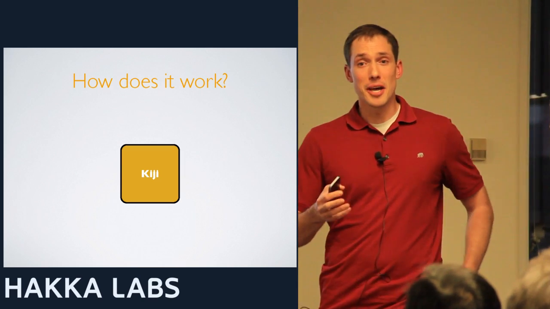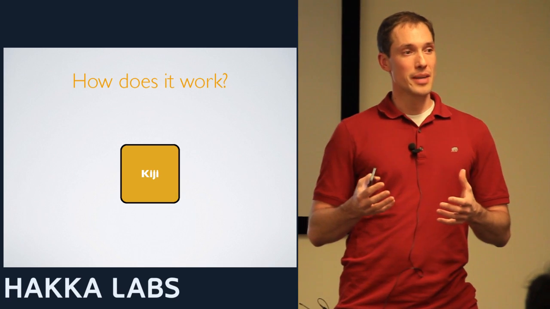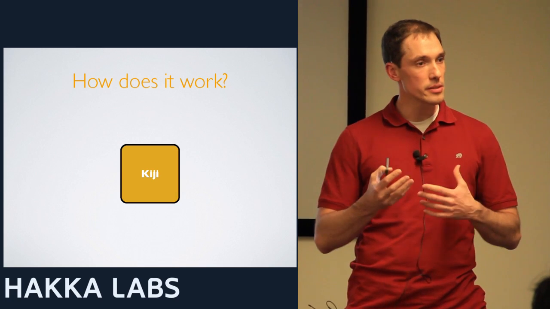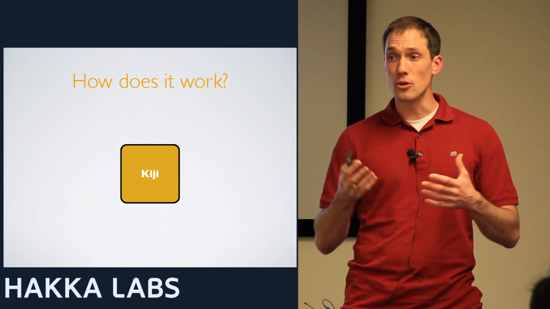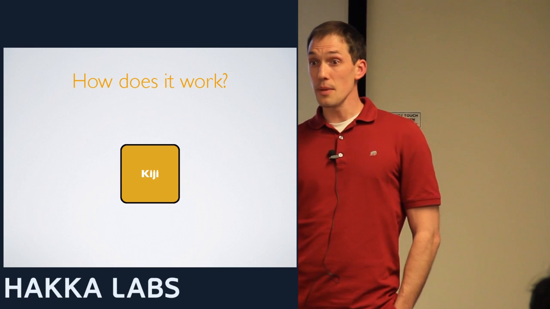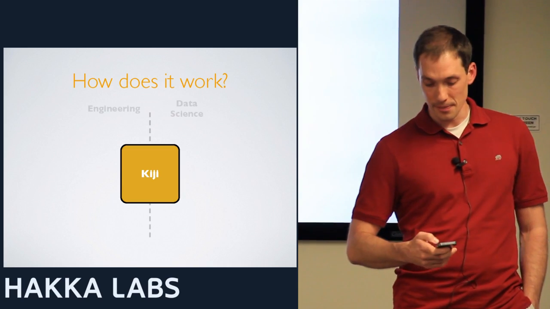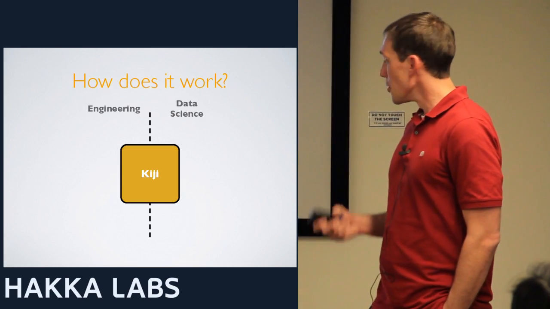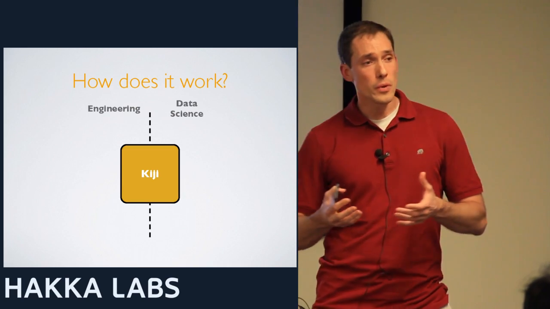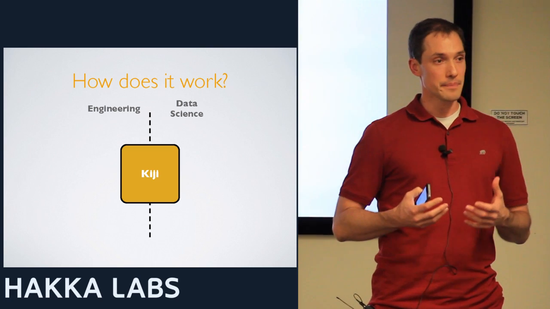So now I'll discuss a little bit about how Kiji works and how the different components of this modular open source platform can enable us to more easily build these kinds of applications on top of Cassandra. At the heart of Kiji, we have a storage system.